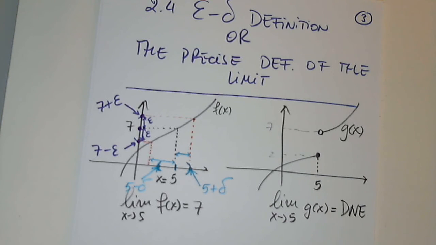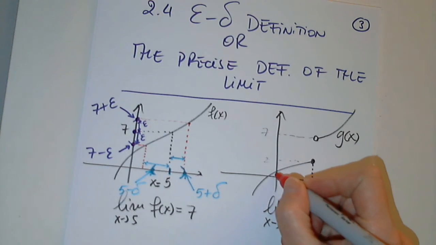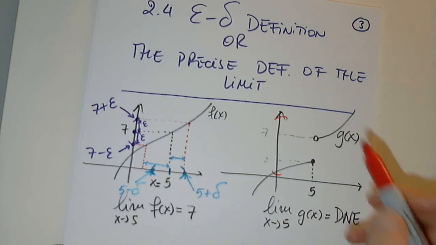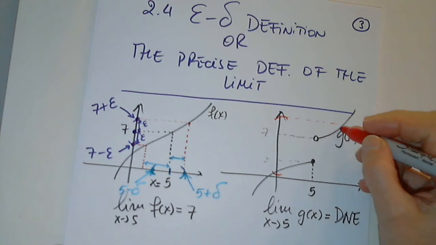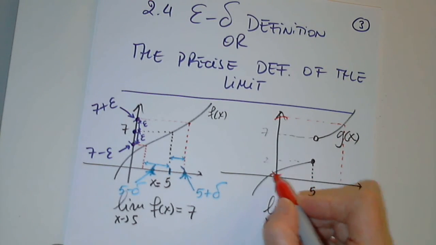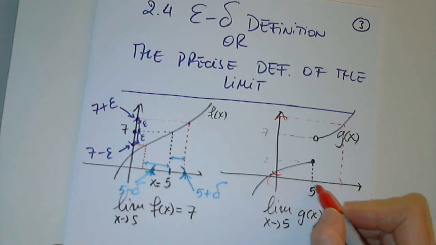Let's go here. I claim that the limit exists here. Okay, so I'm going to choose this interval, this epsilon, and I'm going to show you that I found the delta. So this is my delta.